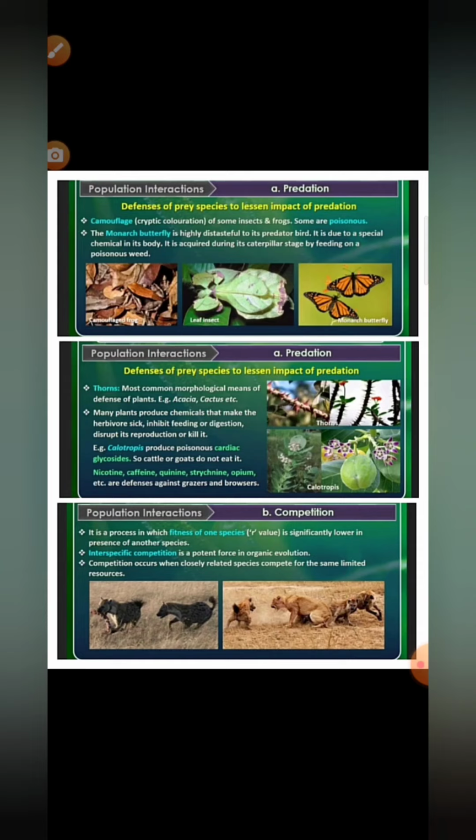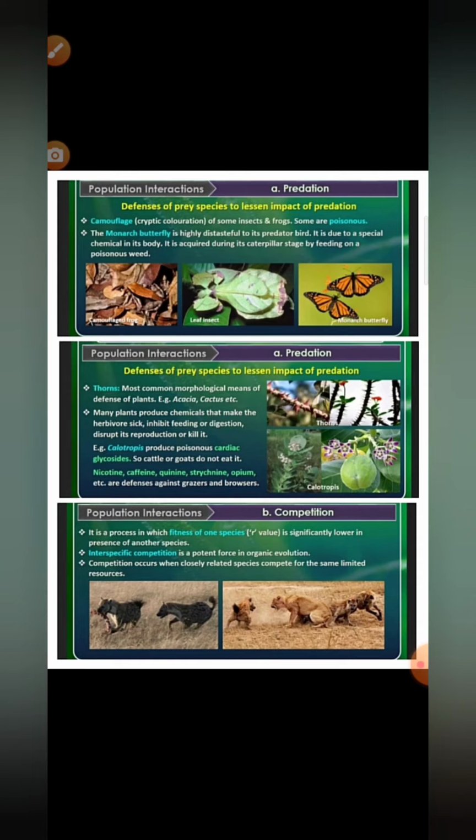Competition is a type of interaction where both the species suffer. It may exist between different species, which is known as interspecific competition, or between individuals of the same species, which is known as intraspecific competition. Why is competition occurring? Due to limited resources between closely related species.